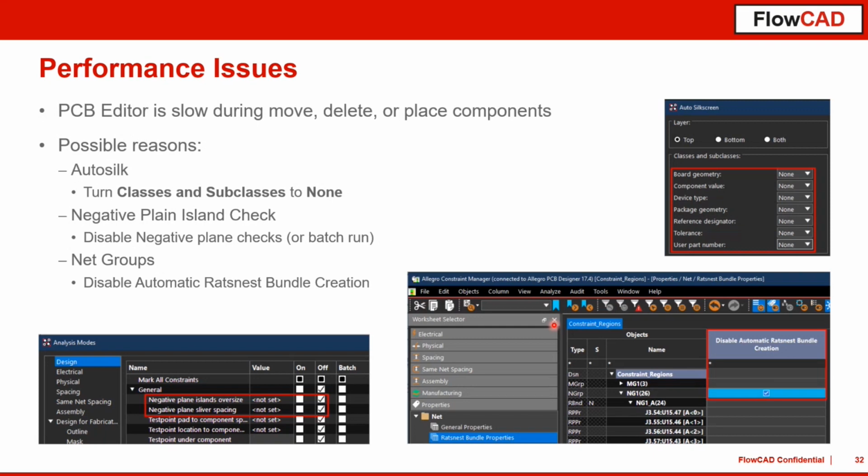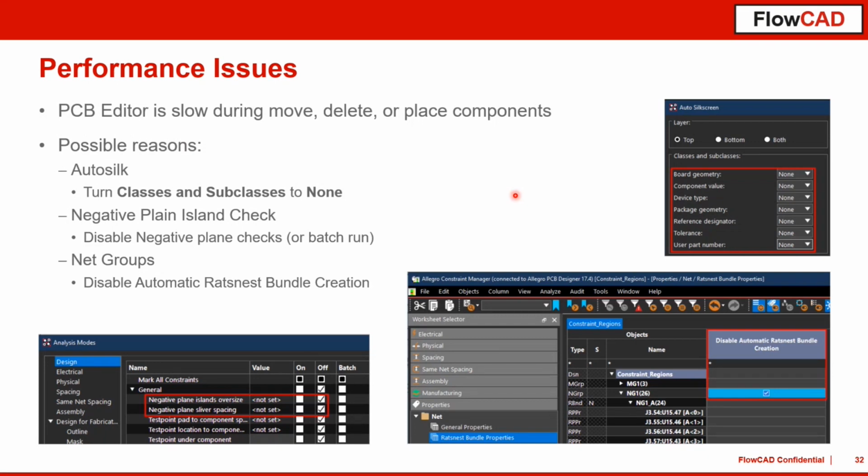When you face an issue with especially a big board with lots of components during moving or placing components, it can be the case that in the background this AutoSilk process is already running. If this is turned on in the AutoSilk, then this AutoSilk generation, or regeneration I must say, is running in the background, always online.